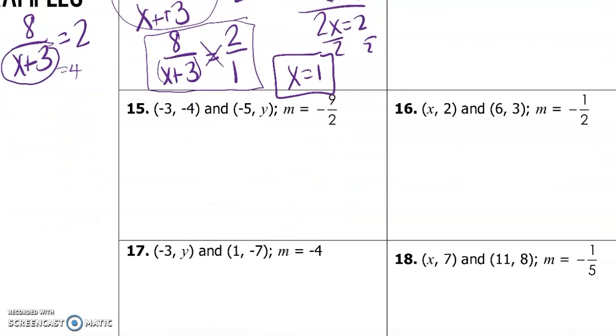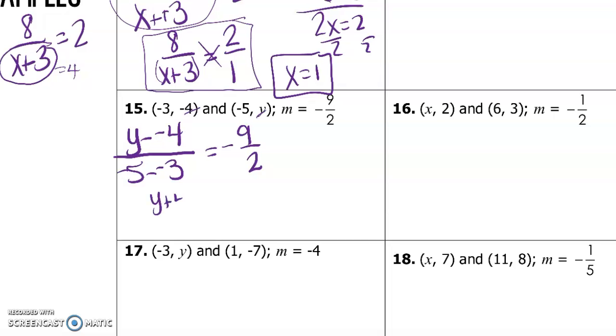Okay, so for 15, I'm going to do y minus negative 4 over, so this one, negative 5 minus negative 3 has to equal 9 over 2. So this becomes y plus 4 over negative 2 equals negative 9 over 2. So the 2's match and the negatives match.